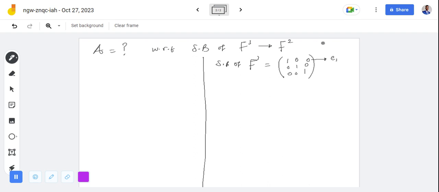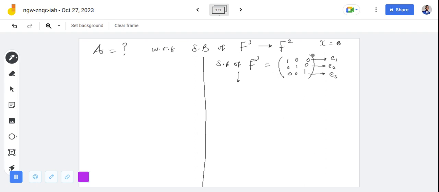An identity we can represent as I, or in algebra, sometimes we represent it as E. So this first row represents small letter E1, this second row represents small letter E2, and this row represents E3. That means E1 is 100, E2 is 010, and E3 is 001.